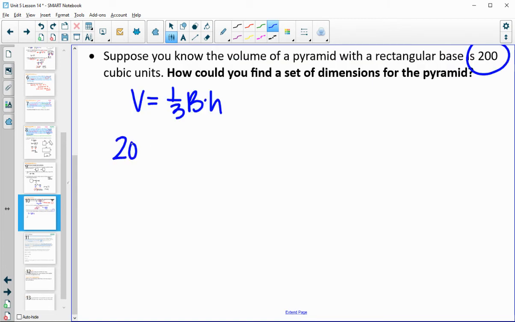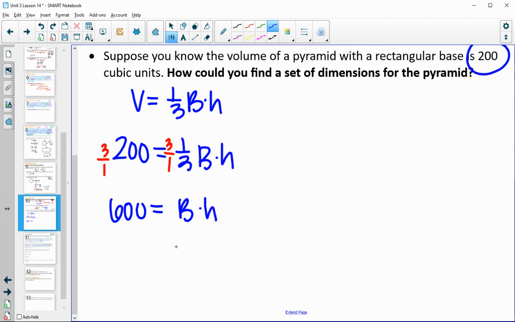So volume is 200 equals 1/3 area of the base times the height. So we could just multiply by 3 to undo this 1/3, which would give you 600 here equals area of the base times the height. So as long as the area of your base times the height equals 600, you'll be good.